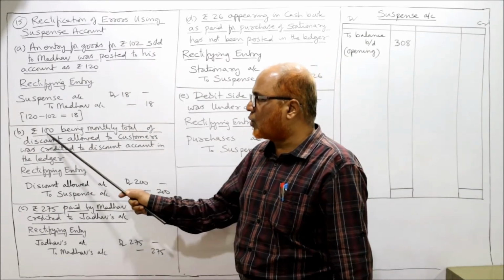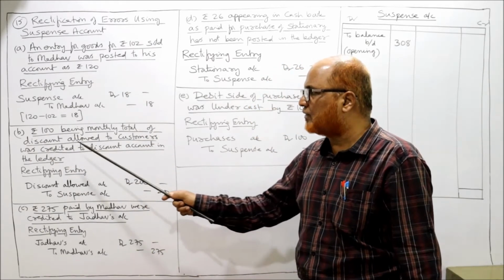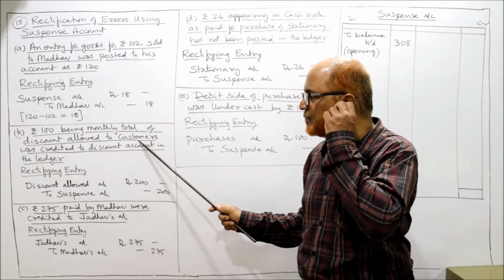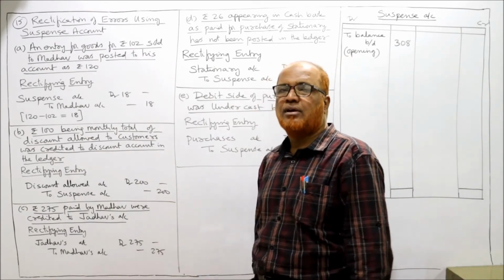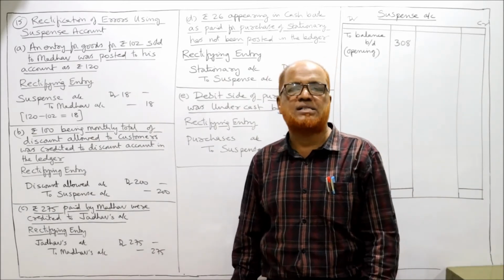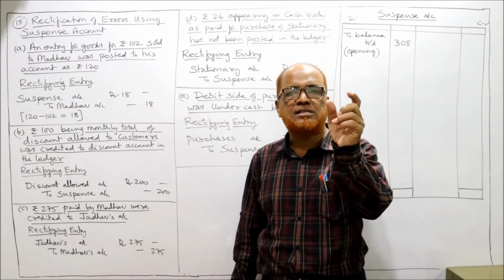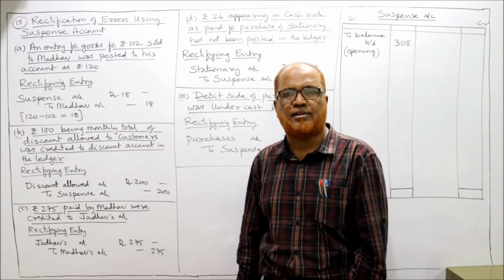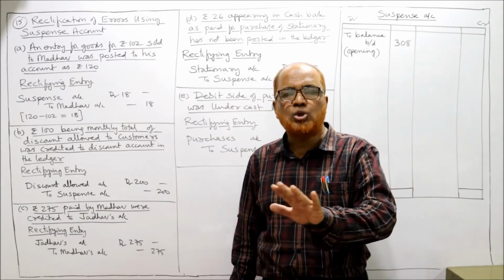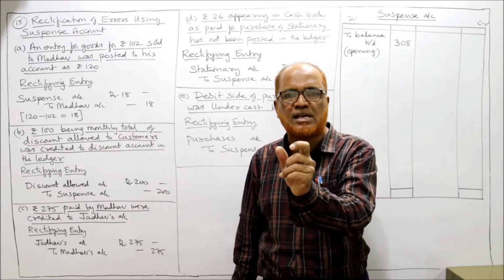Now second, rupees 100 being monthly total of discount allowed to customers was credited to discount account in the ledger. Discount allowed to customers, entry will be discount allowed account debit to customers account. That is the correct entry. Here there is no error in customers account.